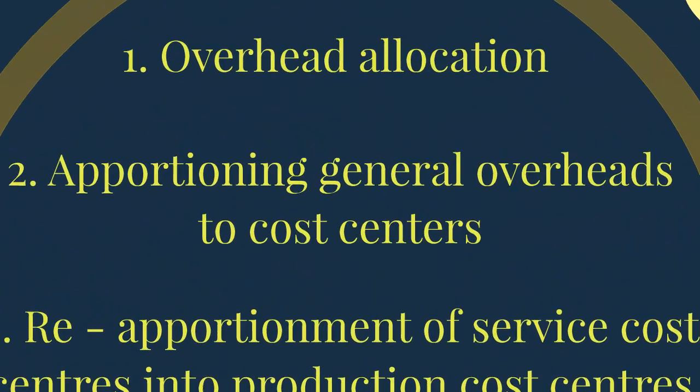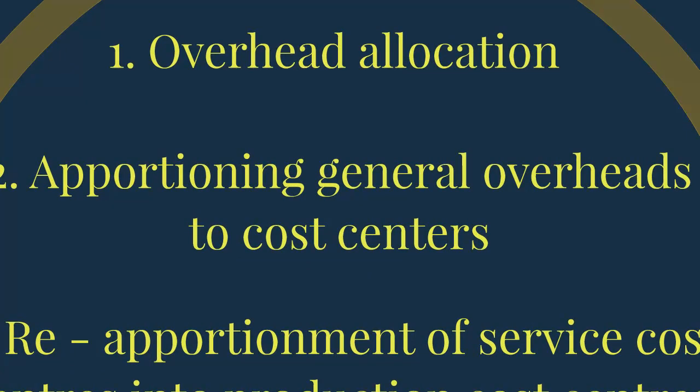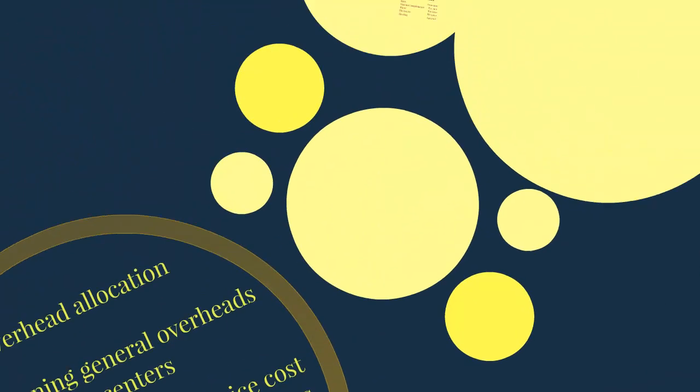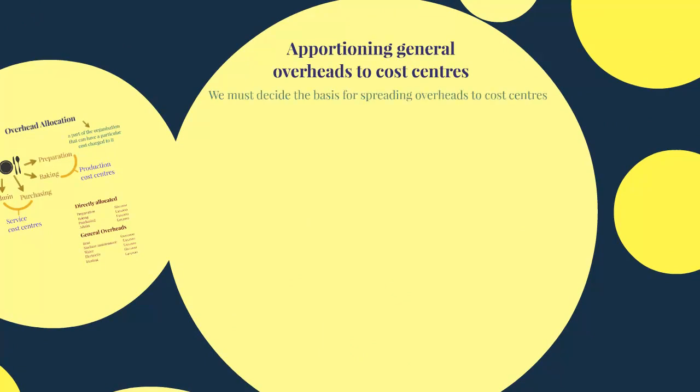So now that we've done that, we need to look at apportioning these general overheads to our various cost centers. And so what we first need to do is decide where they should go. Now, admittedly, there is a degree of subjectiveness to this. Now, a classic example would be labour hours or machine hours.